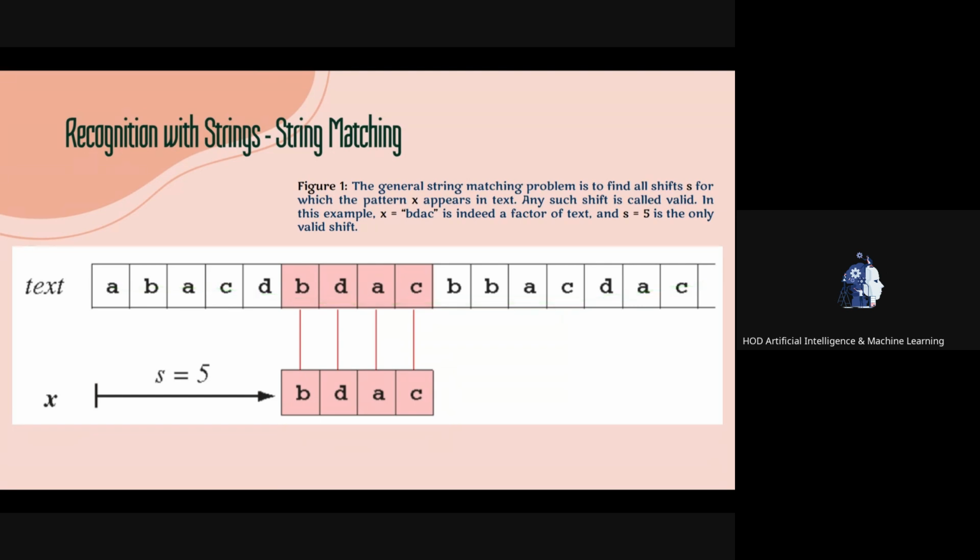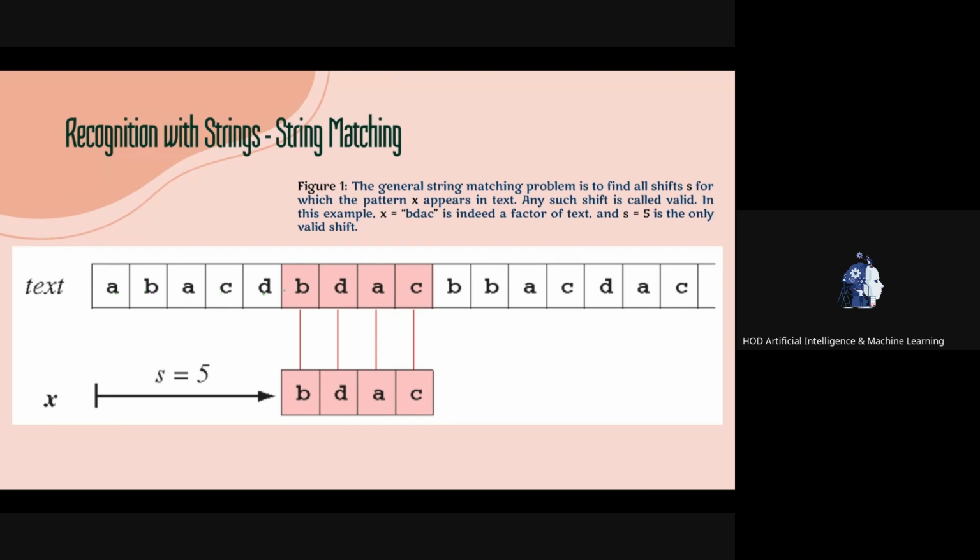So I start from the starting place and I keep moving. We call this a shift. You can see the shifts: first shift, second shift, third shift, fourth shift, fifth shift. After making the fifth shift, you will be able to find the string X, B, D, A, C. So the shift S is 5.